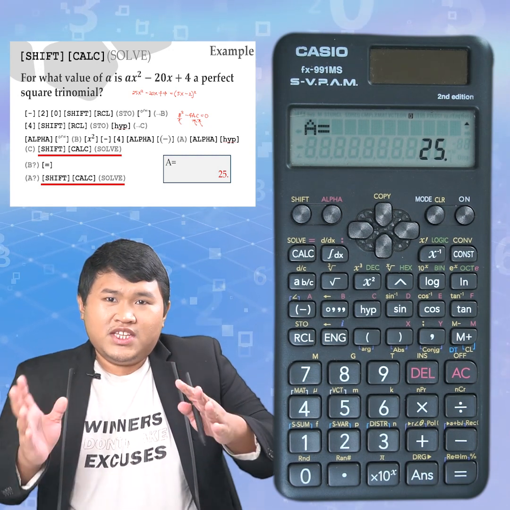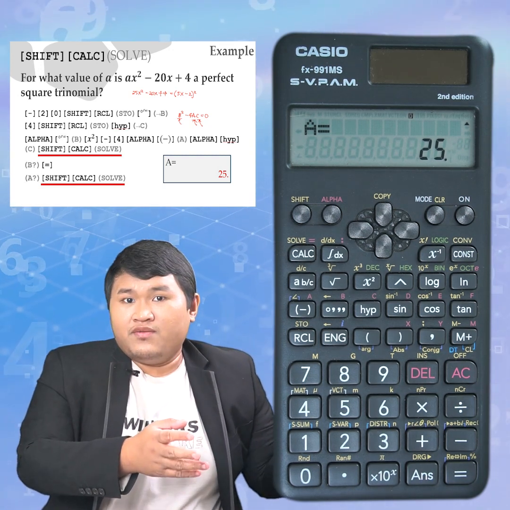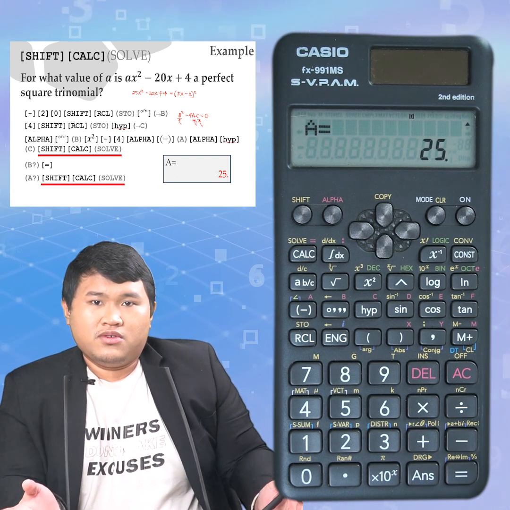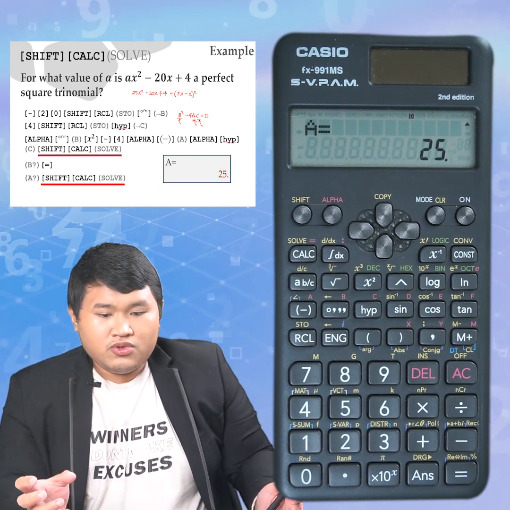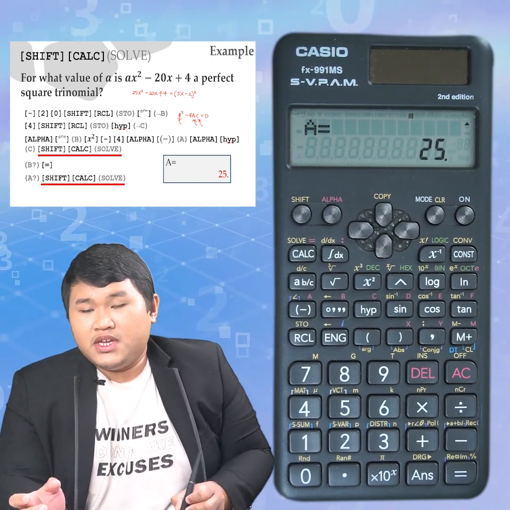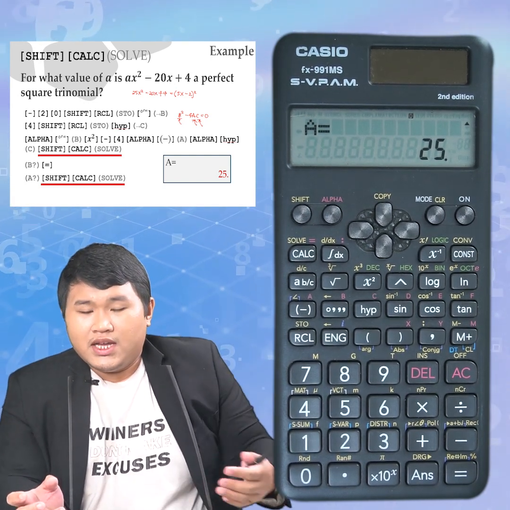If you didn't assign a value to it beforehand, then c will be given a 0 value, and that will be wrong. So you need to store them first, just like what we did here. We stored variables b and c first before we constructed the equation.